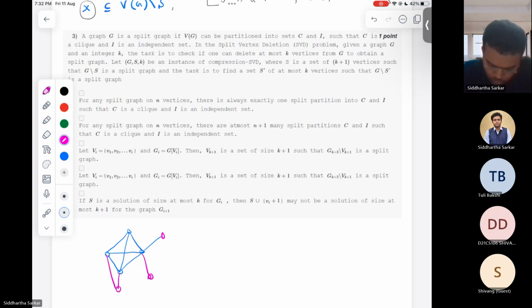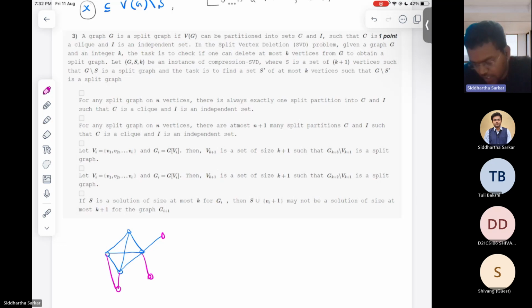Right. So in this graph, the blue vertices form a clique of size 4 and the pink vertices form an independent set. So let me mark these vertices. The blue vertices are 1, 2, 3, 4, and the pink vertices are 5, 6, 7.